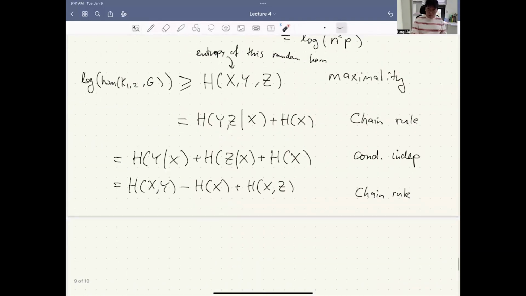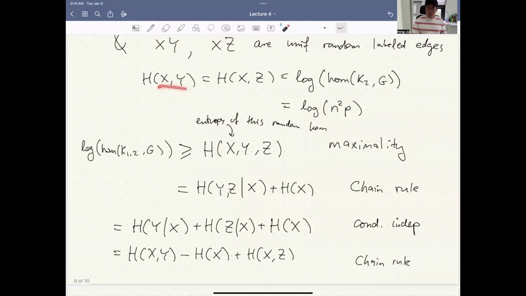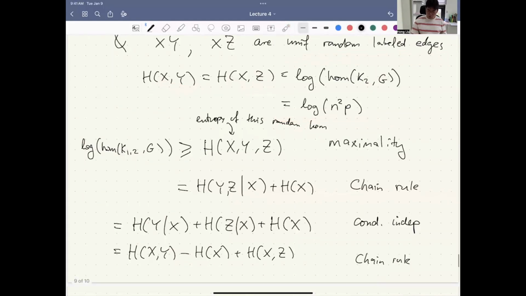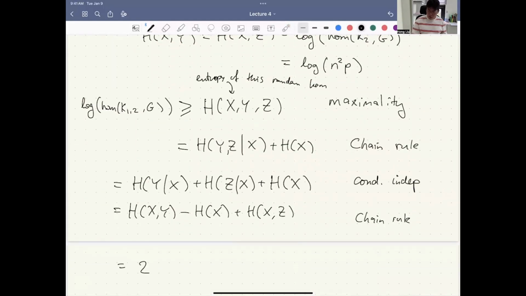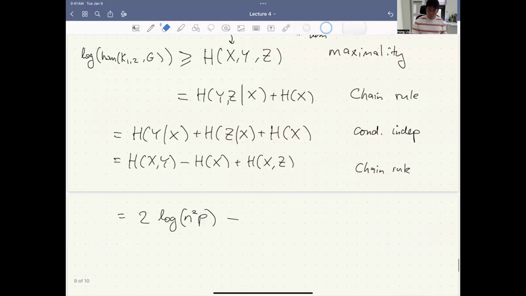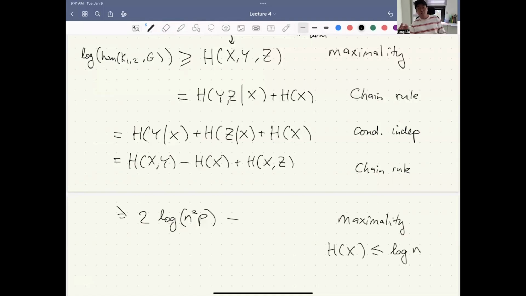We know both xy and xz are distributed uniformly over labeled edges, so we have 2 times the log of n squared p, minus the entropy of x. But the entropy of x, again by maximality, is at most log n, because x is a random vertex and the range is of size n.